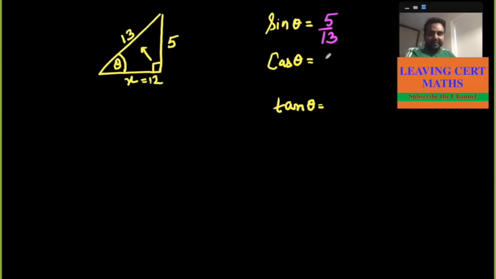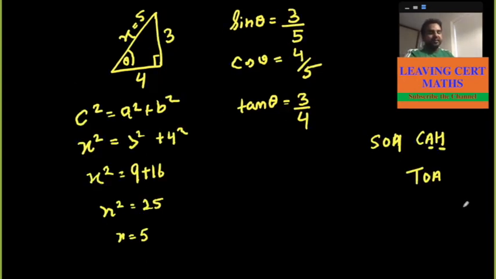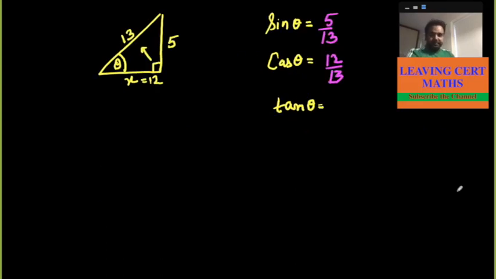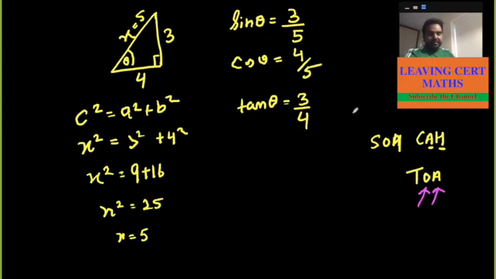So this is adjacent, so this is 12 over 13, right? Okay. Try for the tan theta. The tan is adjacent over hypotenuse, which is 12 over 13. No, tan theta is opposite over adjacent. So opposite, is it not 5 over 12? Okay. Basically, you have to remember these things.